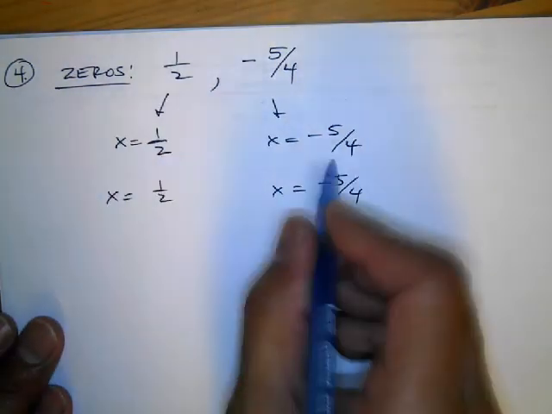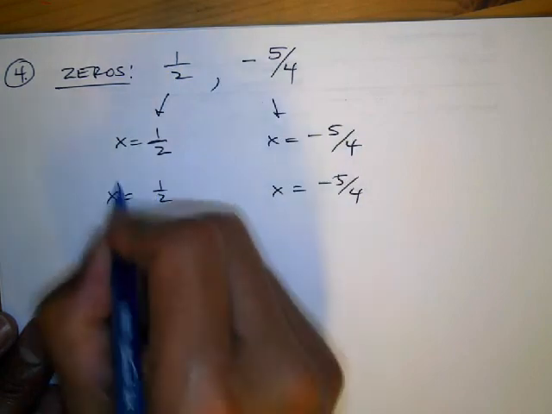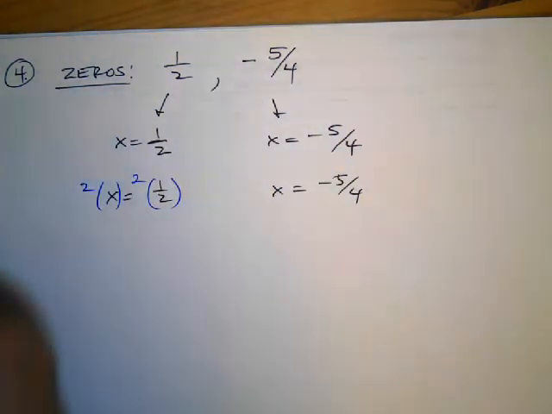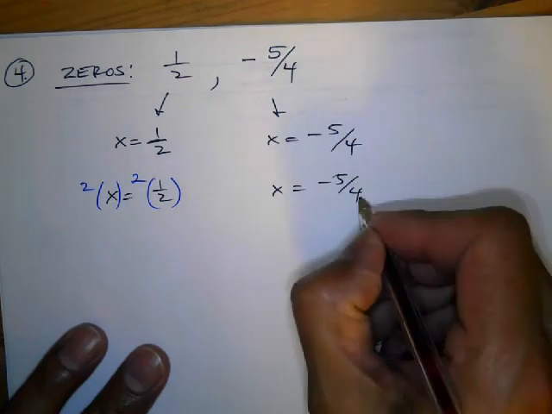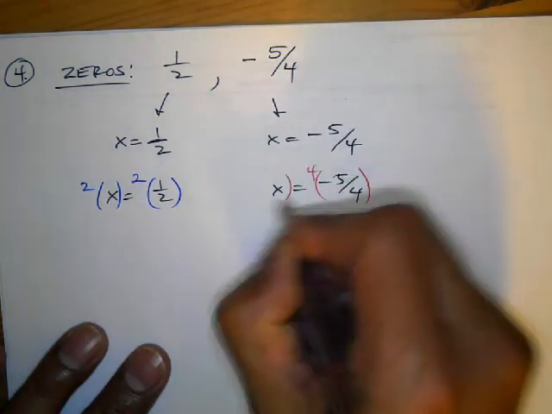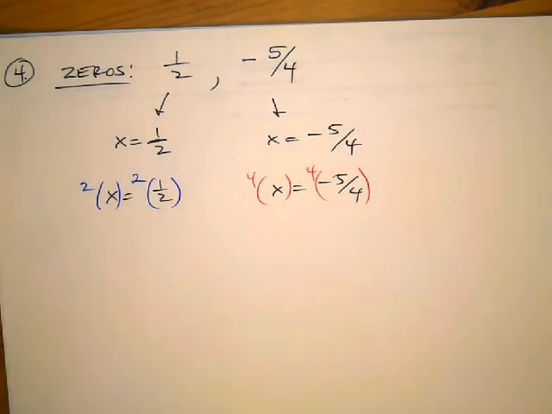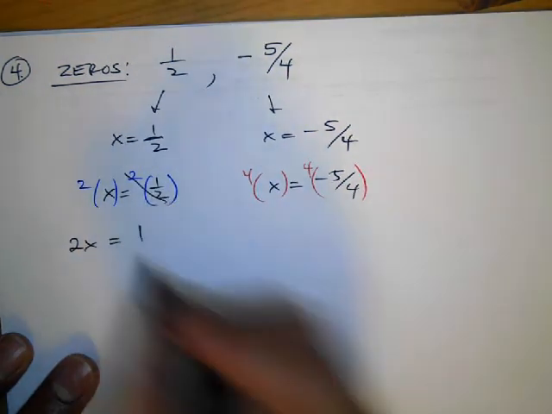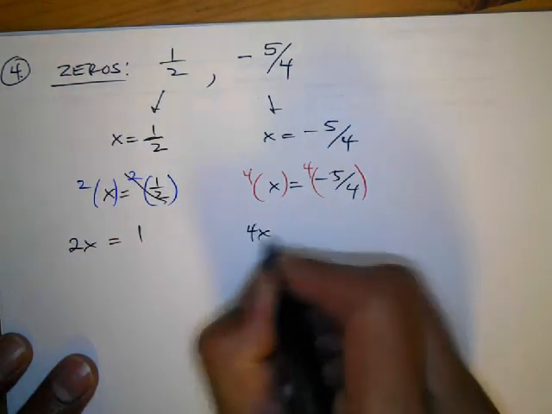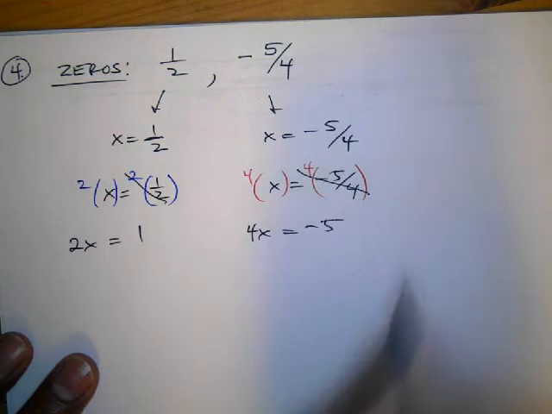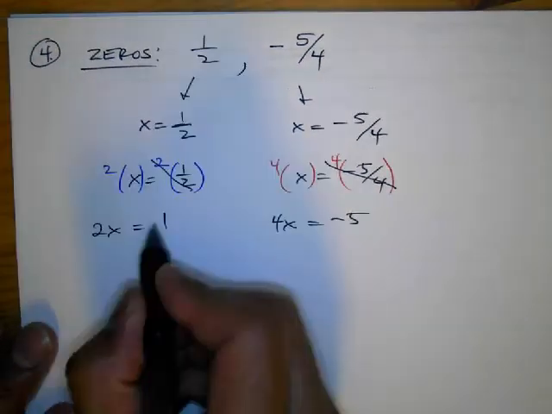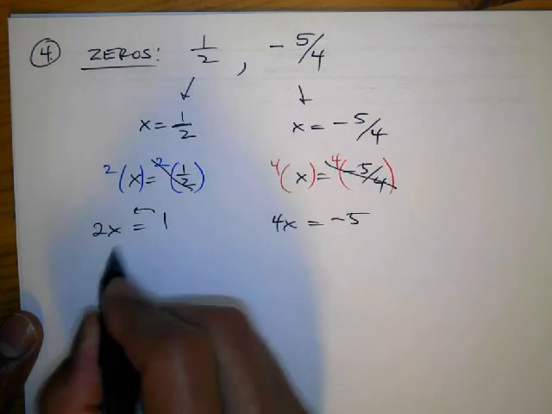Whenever you have fractions, at this point you can get rid of them. So what is this? 2. So multiply this by 2. At this point, you can do the same thing here. I want to get rid of a 4. Multiply by 4. And then you'll have 2x equals what? 1. And then you have 4x equals what? Negative 5.